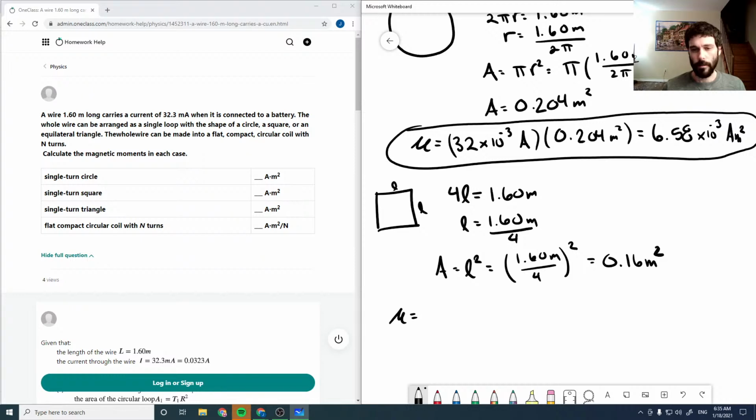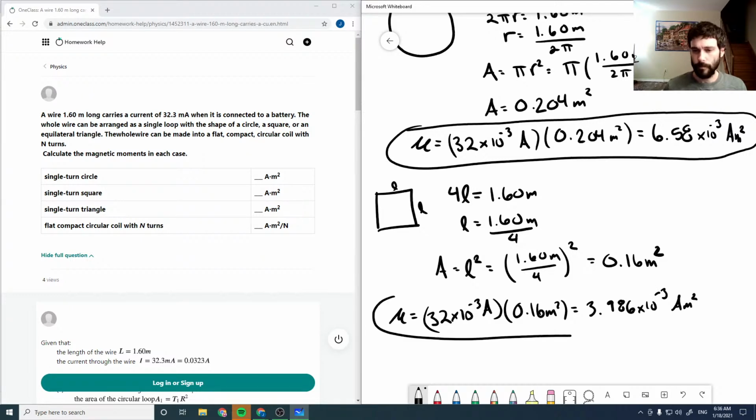Then our magnetic moment is 32 times 10 to the minus 3 amps times our area, which comes out to be 3.986 times 10 to the minus 3 amp meters squared. So that's for a square.